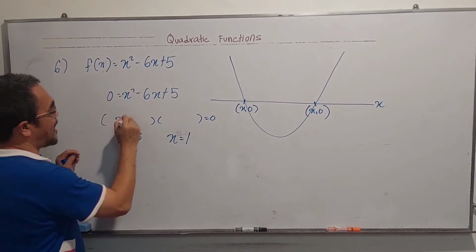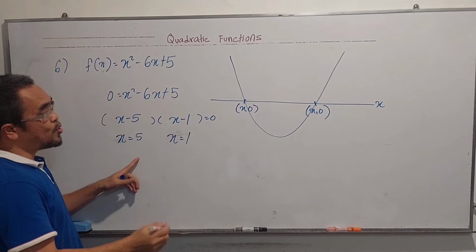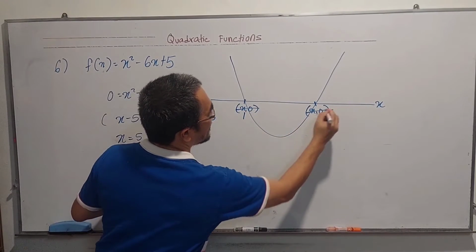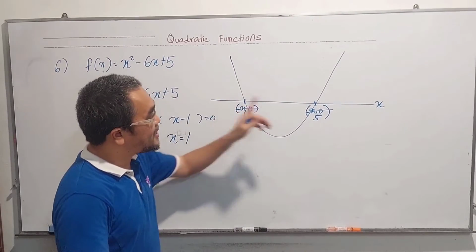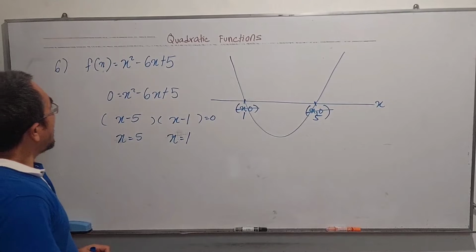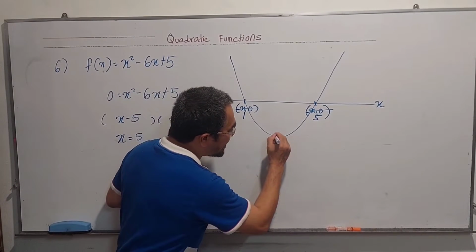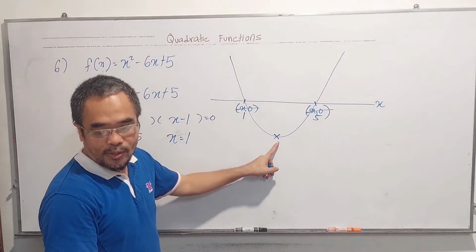So you have here (x minus 5)(x minus 1). So the roots are 1 and 5. The coordinates are still (1, 0) and (5, 0). Okay? Alright. And how do I get to the minimum? This is the coordinate of the minimum.